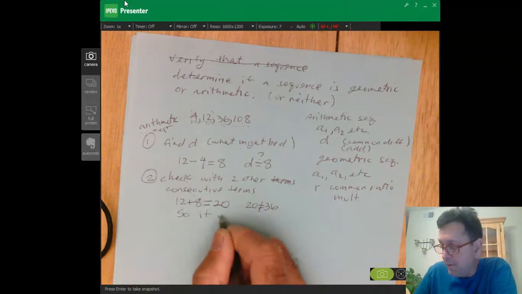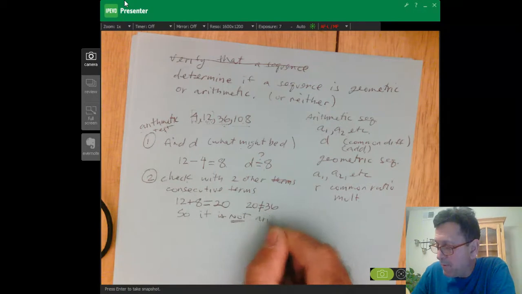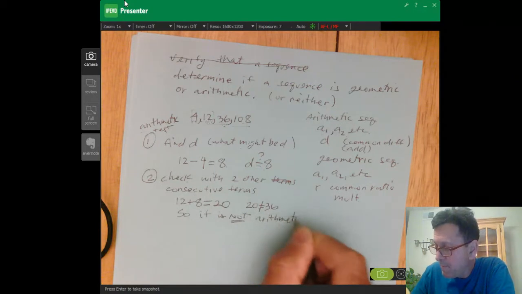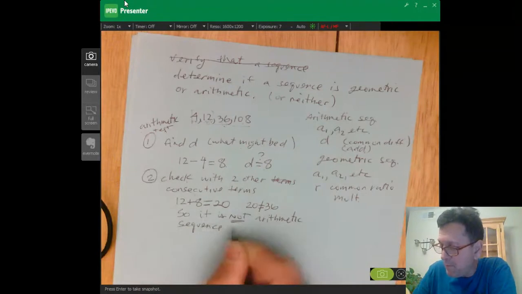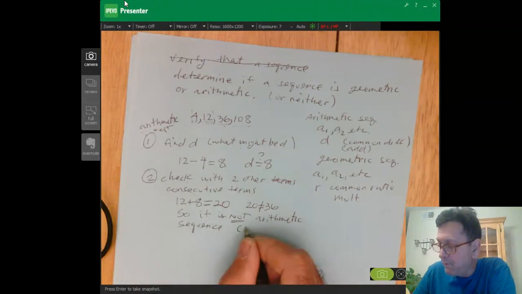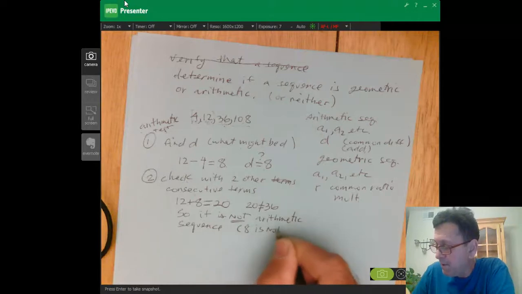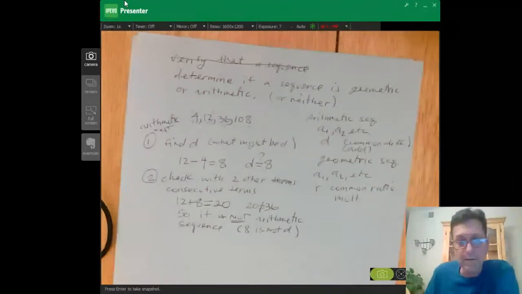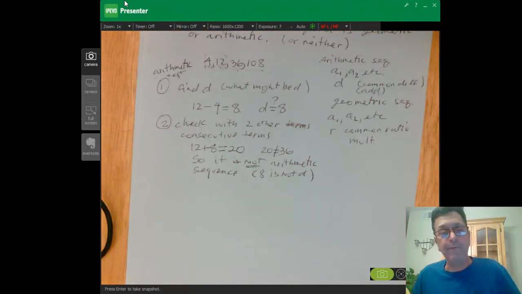So it is not an arithmetic sequence. In other words, it's not D. So 8 is not D. There's no D in this one. So that's how you test an arithmetic sequence.